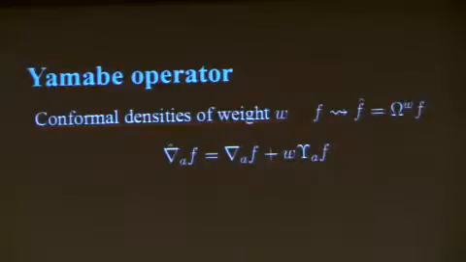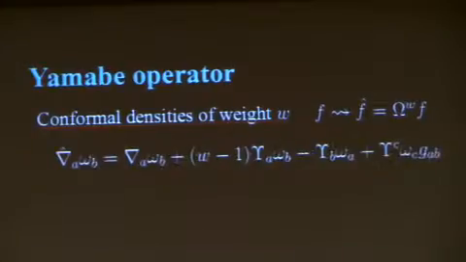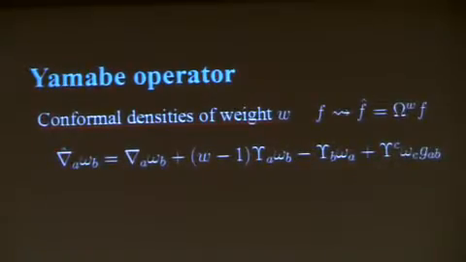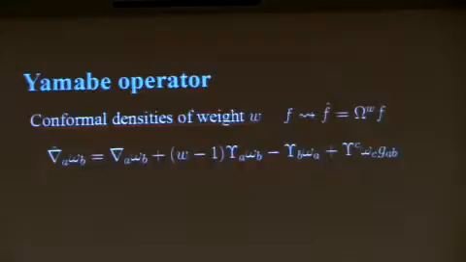Now the other thing that we know is changing is the way this derivative, the Levi-Civita connection here, changes on, for example, one forms. Let me combine these two. Here I've got how it changes on a function with a particular weight, and here I've got how it changes on a one form. This is a more complicated formula, but it's a combination of the one we just had and the one on the previous slide.